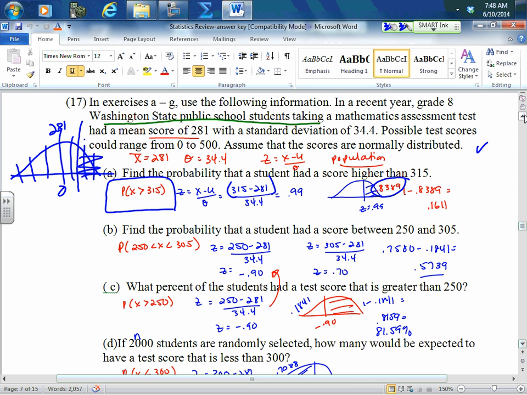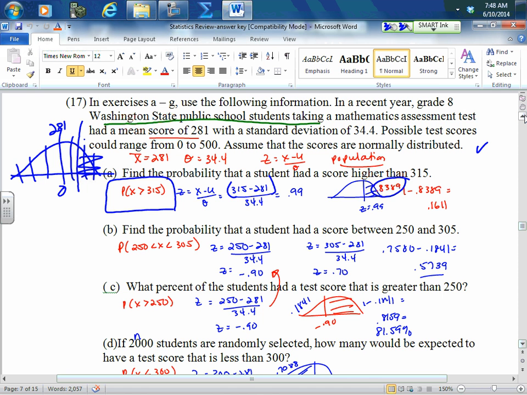There's no sample standard deviation here, no sampling, so we don't divide anything by the square root of n. We don't have an n. Population. So use your z-score formula, which you'll have on your test. Find your area to the left and subtract it from 1.